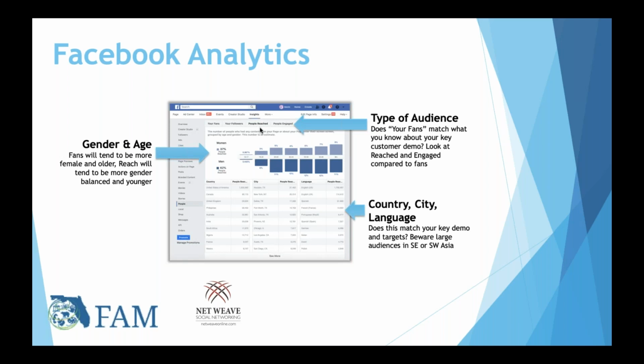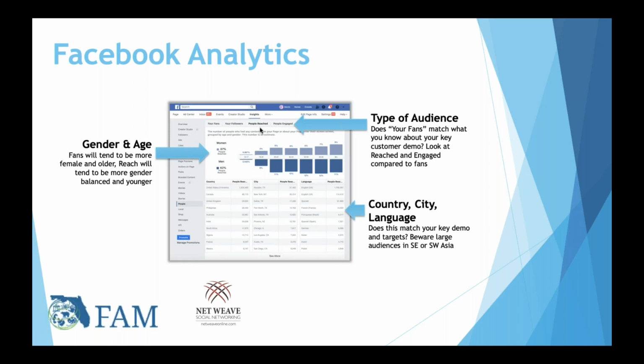I don't know if that's commitment issues with guys, I don't know, but women tend to like more pages than men do on Facebook as a whole. But when you switch over to reach, you'll see the gender balance get much more even, because now you're talking about content that is being shared. And when you share content, you share it with all your friends, and your friends generally have a gender balance. You're not generally friends with just women or just men. So you'll see the fan to reach change to be more gender balanced because of that.